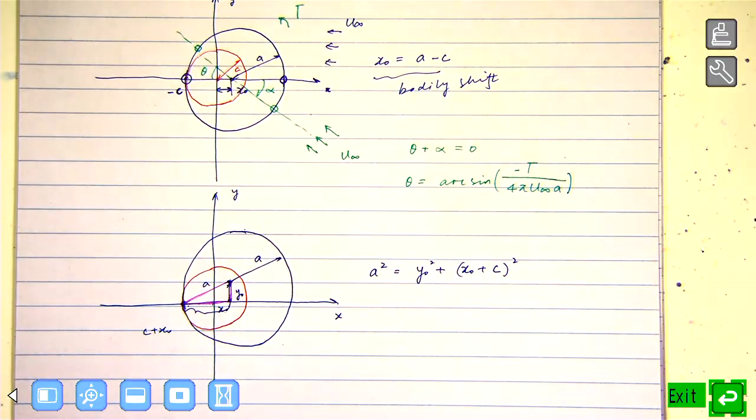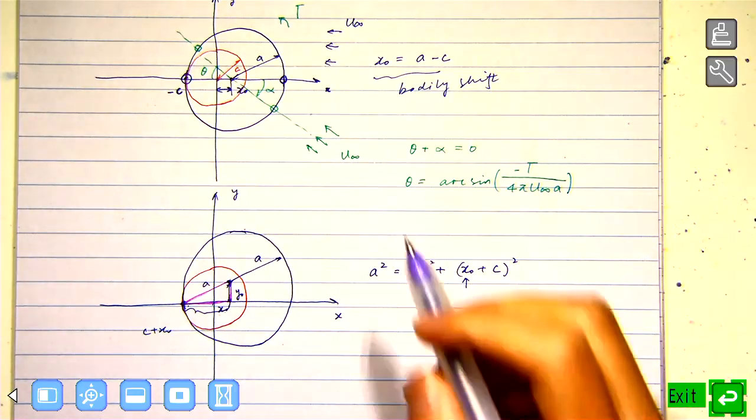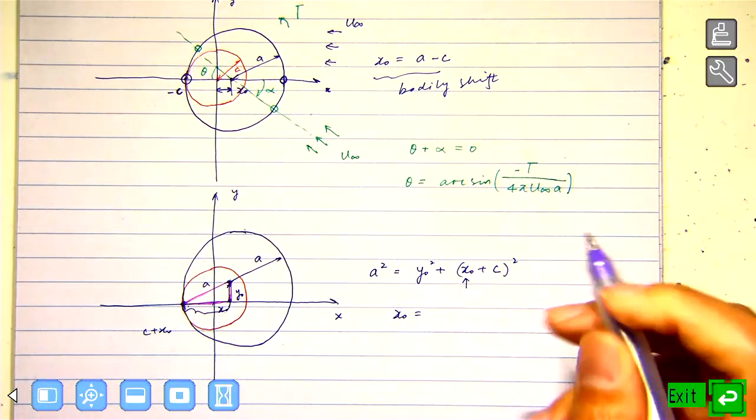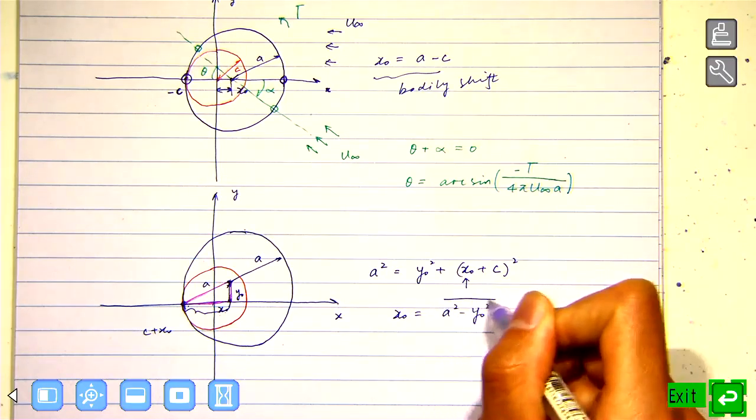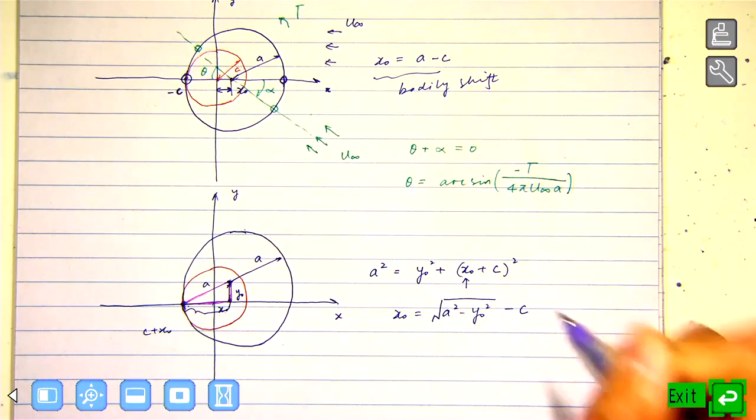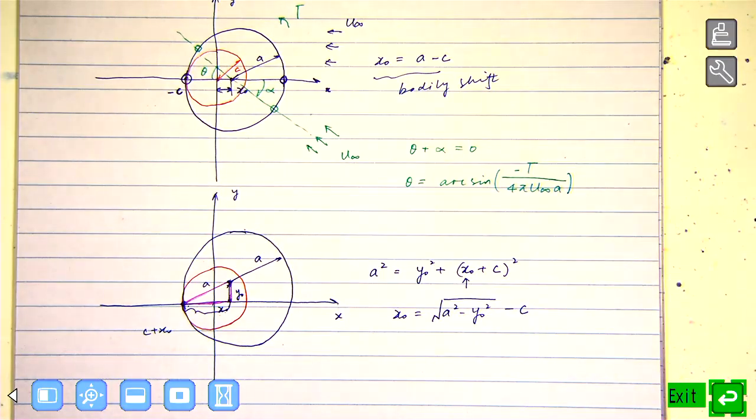And the only unknown in this is just x naught. So we can rearrange terms and solve for x naught, which is the square root of A squared minus y naught squared, minus c. Okay, so this is the bottom shift we need to get a cambered airfoil.